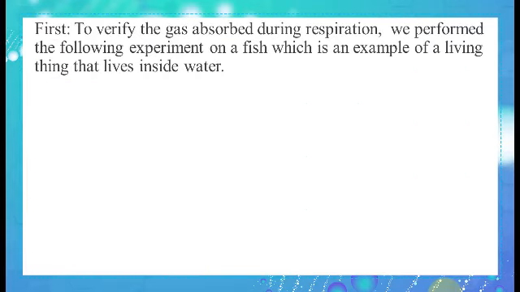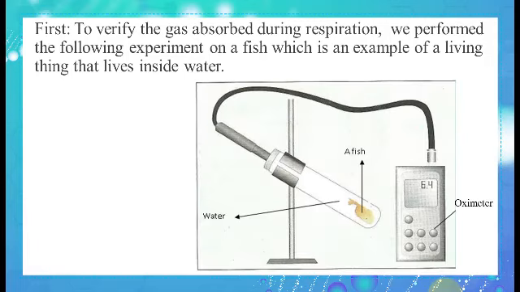To answer those questions, we did two different experiments. First experiment was to verify the gas absorbed during respiration. We performed an experiment on a fish, which is an example of a living thing that lives inside the water.